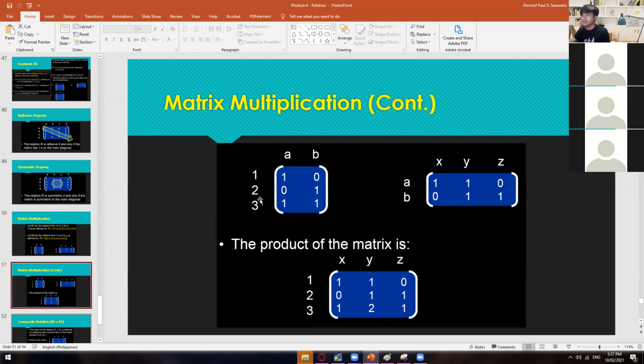Okay, so here's the result, but no solution. Okay, I will show you guys the step-by-step solution later on. So here's the matrix representation of the R1, and then the matrix representation of the R2. And then here's the product of those two matrices. Right? So let's answer this one.